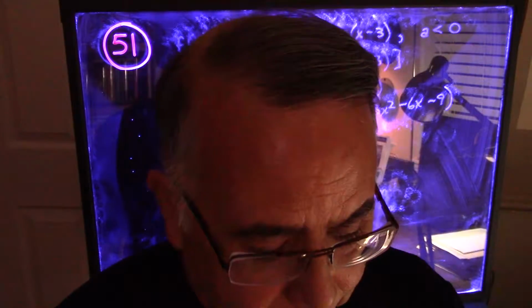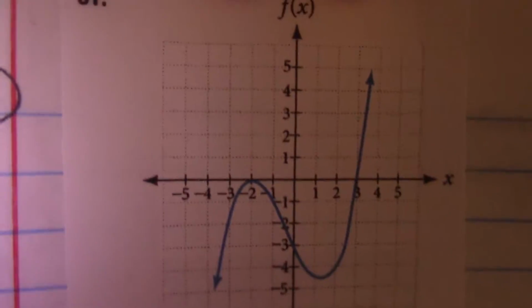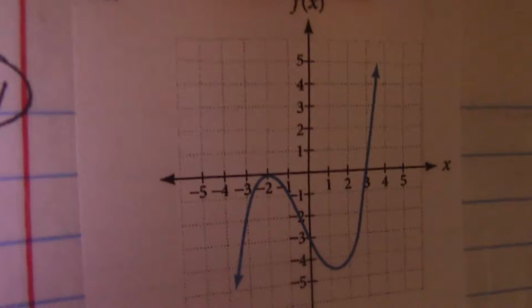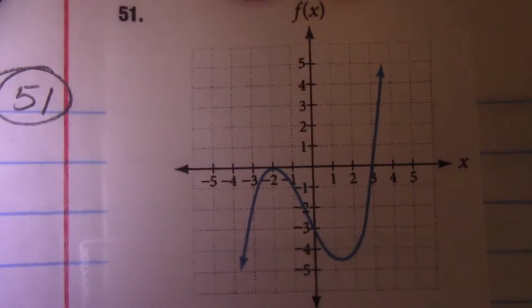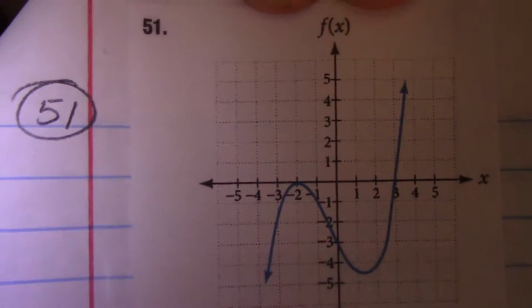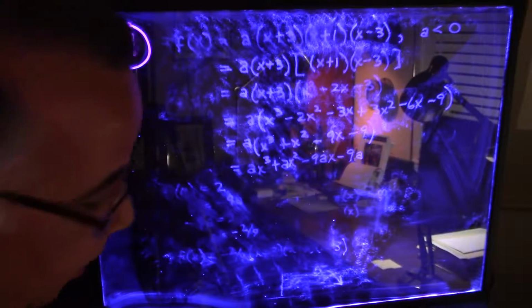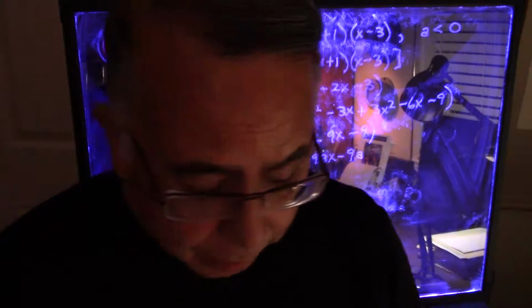Number 51. Here's our graph. This must be a polynomial of at least degree 3 because it has two turning points.